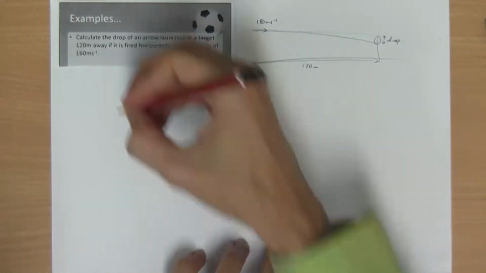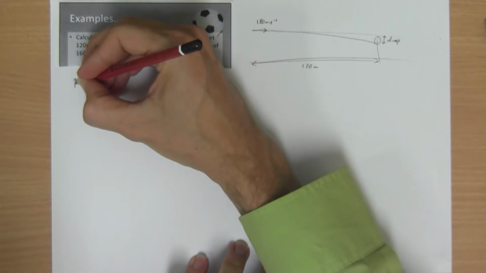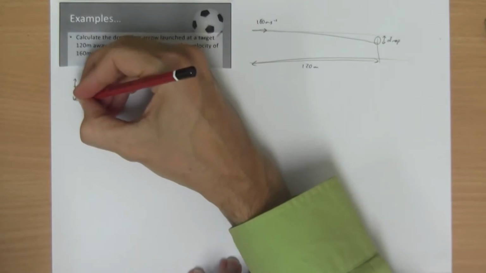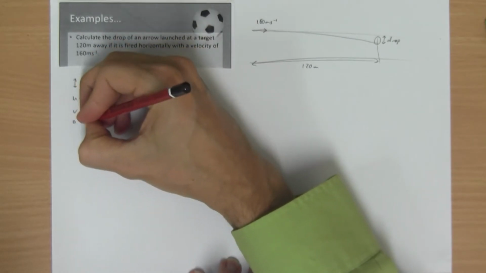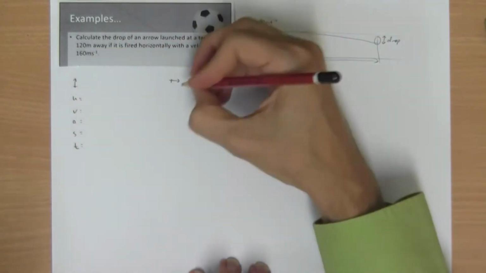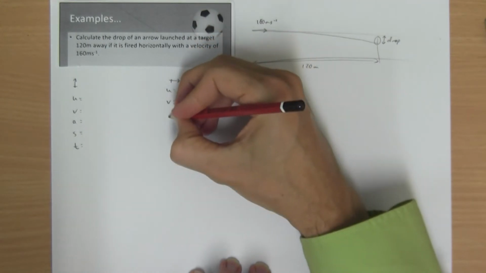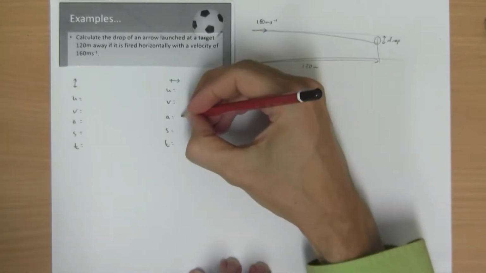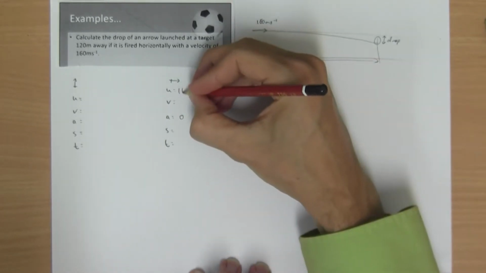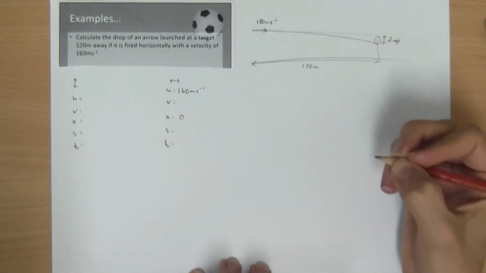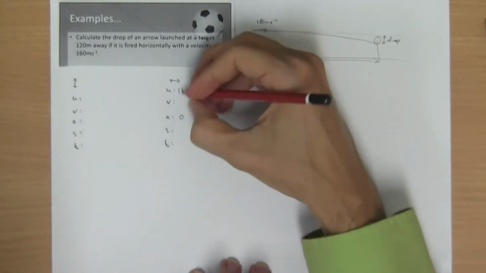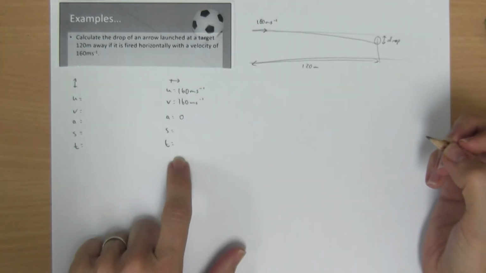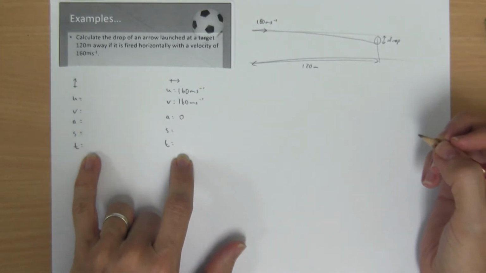Okay, as before, a vertical problem and a horizontal problem linked by time. Again, horizontally there is no acceleration. 160 metres per second. I know the final velocity therefore will also be 160 metres per second. The time is what's going to link this together.